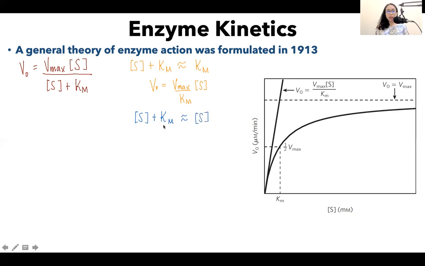This time it is Km that becomes negligible, and the equation is reduced to Vmax times the concentration of S over S, or initial velocity is equal to Vmax, which is our observation when the concentration of the substrate is very high.